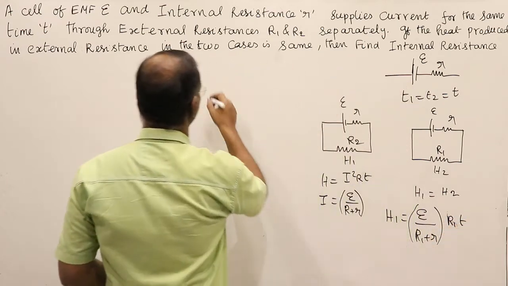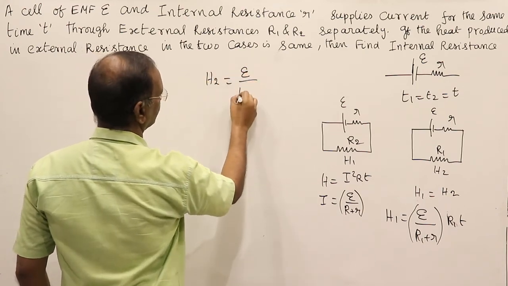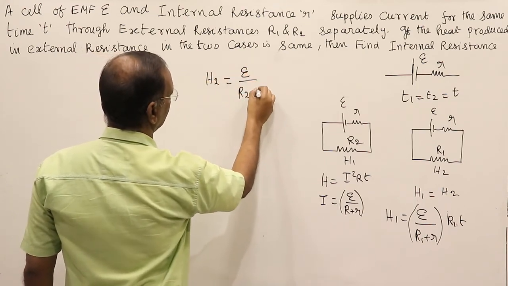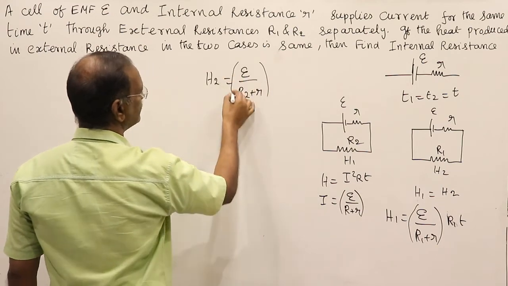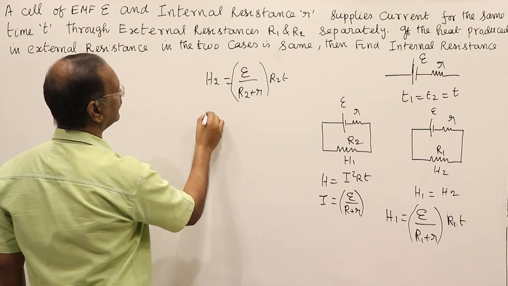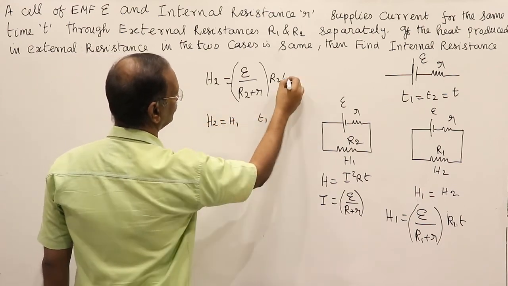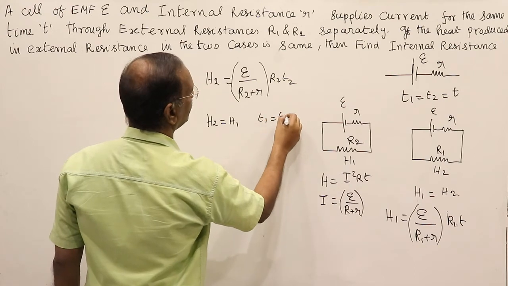What about H2? H2 is equal to the same EMF, the external resistance is different but the internal resistance is the same, so epsilon by R2 plus R whole square into R2 into T.